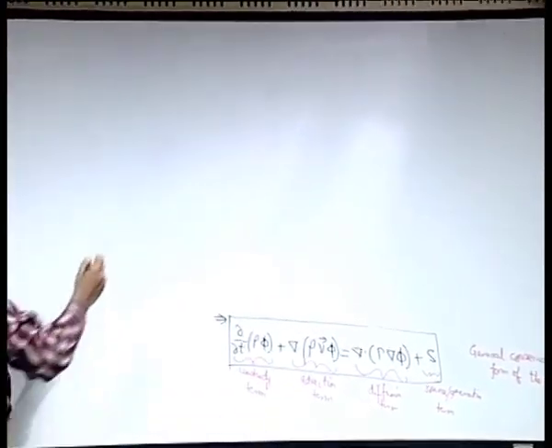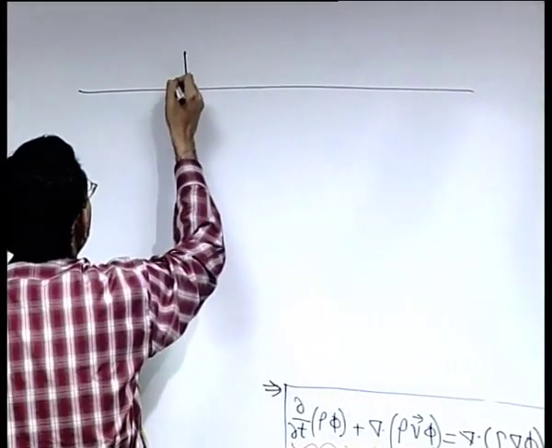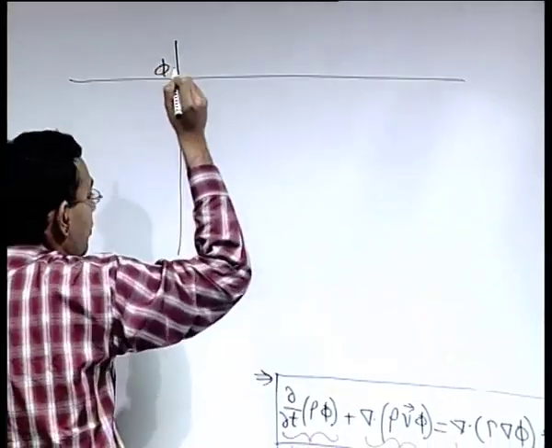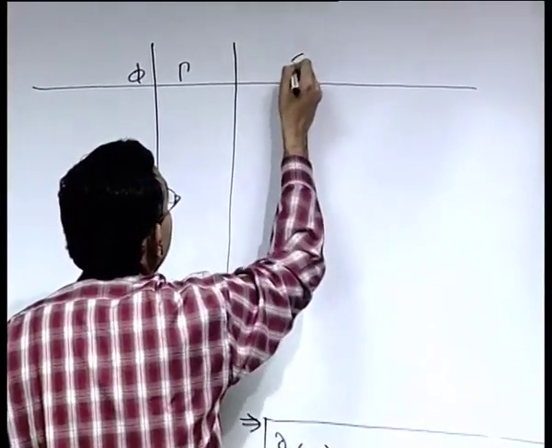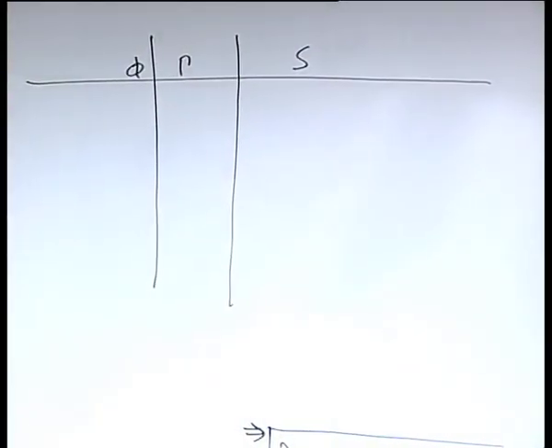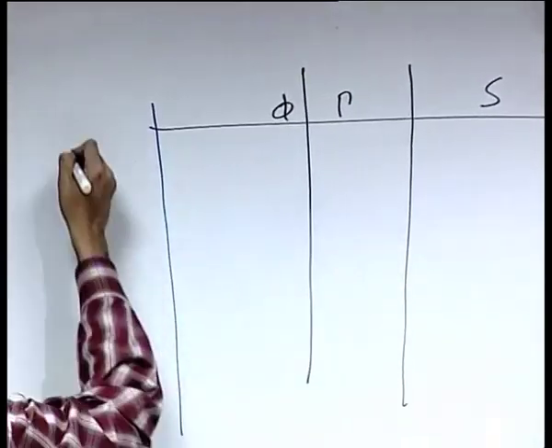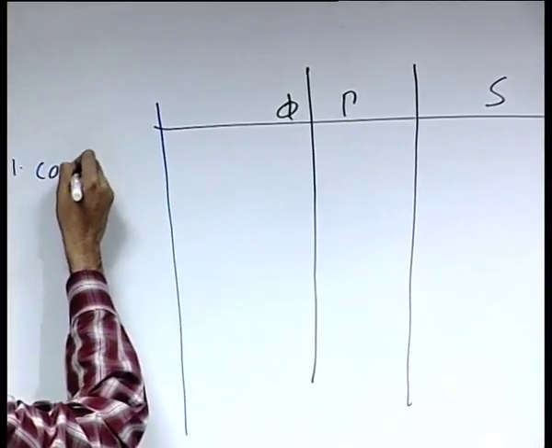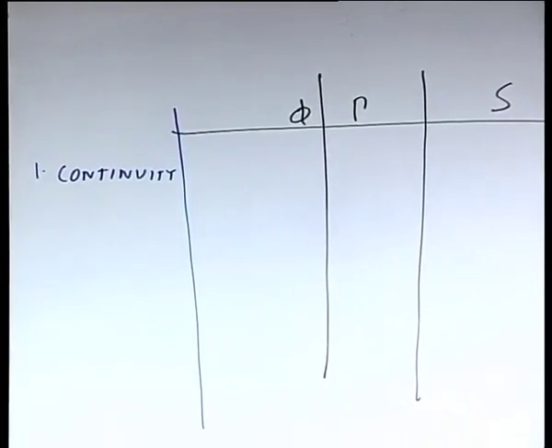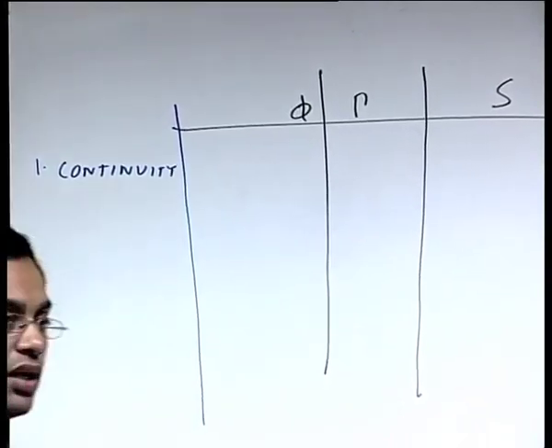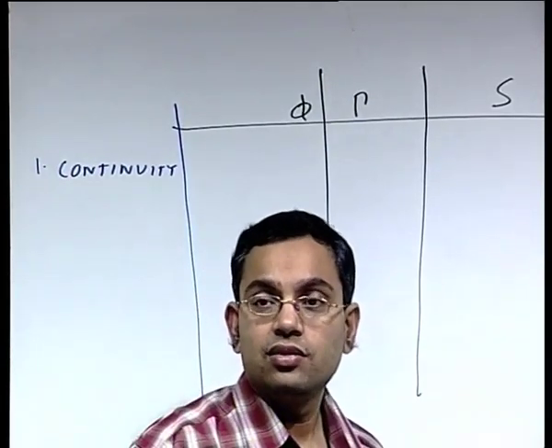So let us try to make a table where we represent different cases based on what is phi, what is gamma and what is S. So the first example that we will consider is the continuity equation. What is phi in the continuity equation? What do we want to conserve? Mass. Phi is the quantity per unit mass, so it is 1.